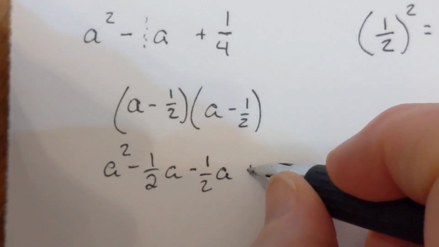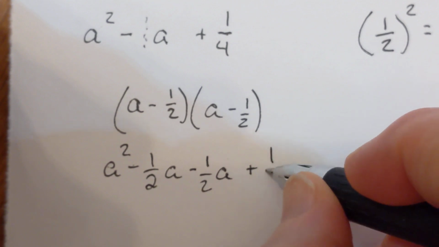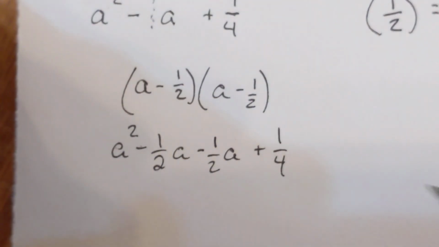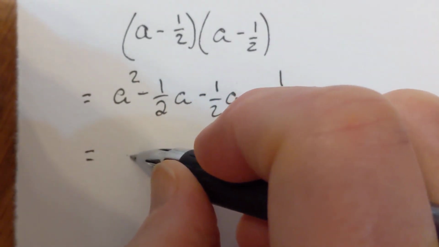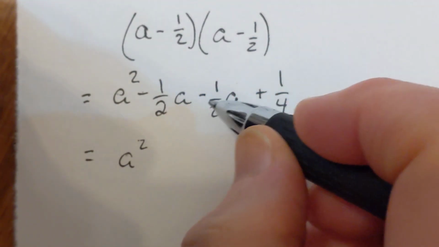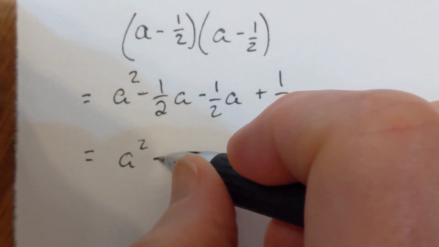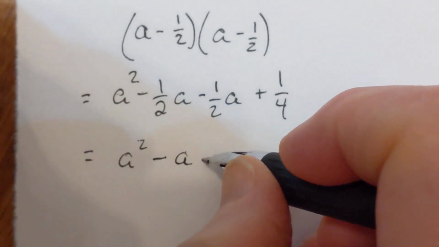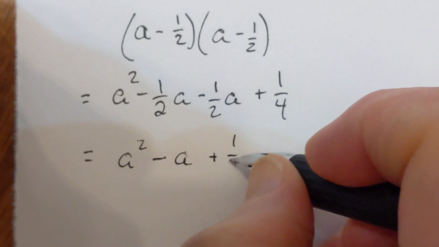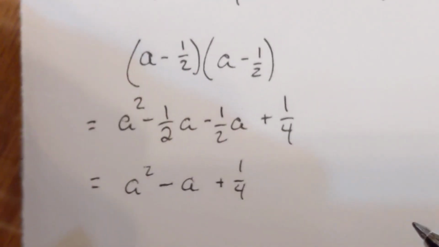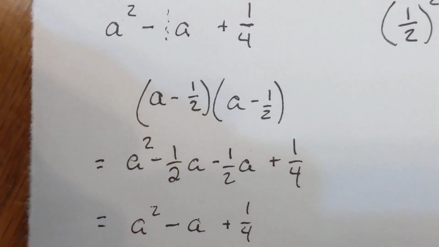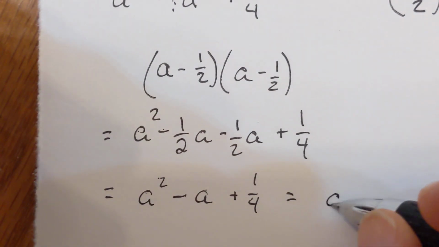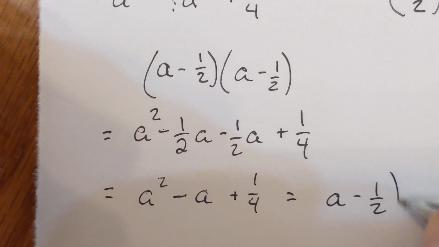Negative 1/2 times negative 1/2 is positive 1/4. And this gives me a squared, minus 1/2 minus 1/2 is minus 1, a, plus 1/4. And that's what I started with. So yes, indeed, this factors into (a minus 1/2) squared.